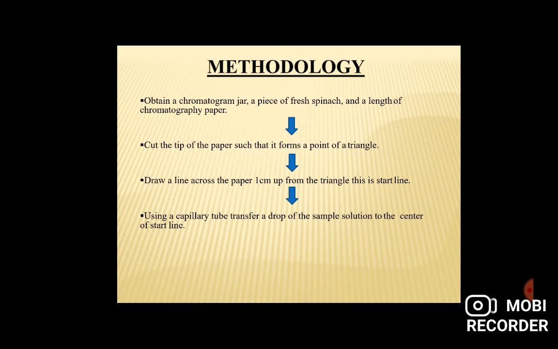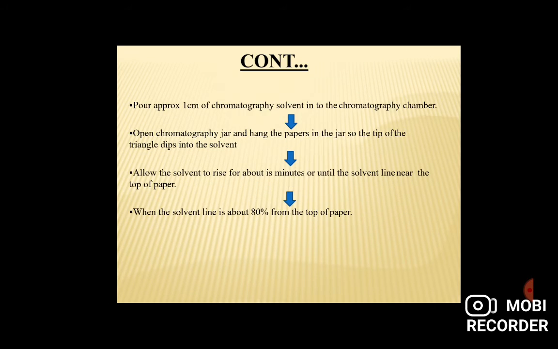Draw a line across the paper 1 centimeter from the triangle. This is the start line. Using the capillary tube, transfer a drop of the sample solution to the center of the start line. Pour approximately 1 centimeter of chromatography solvent into the chromatography chamber. Open the chromatography jar and hang the paper in the jar so the tip of the triangle dips into the solvent.